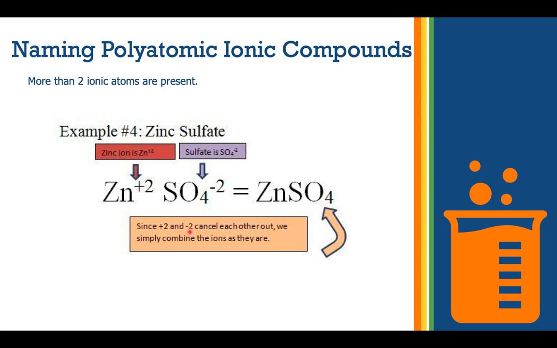Since +2 and -2 cancel each other out, we simply combine the ions as they always are. I know, there's a 4 down here. What's happening? Well, no worries. That 4 is carried over from the original polyatomic ion, okay?